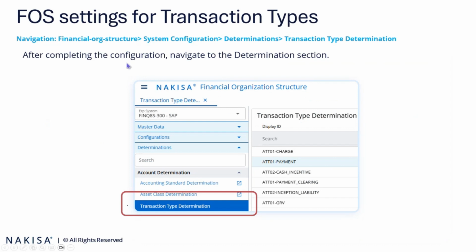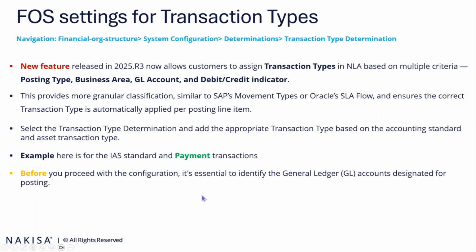So once you have added the transaction type, then we have to come to the determination, which is under account determination. Now you would like to assign transaction type determination. I'll be able to show you on the UI as well. As I mentioned, in the new feature that we released in 2023, you can assign transaction type in an array based on multiple criteria.